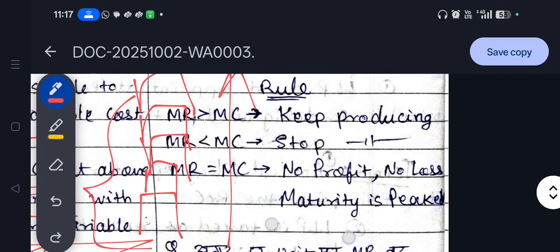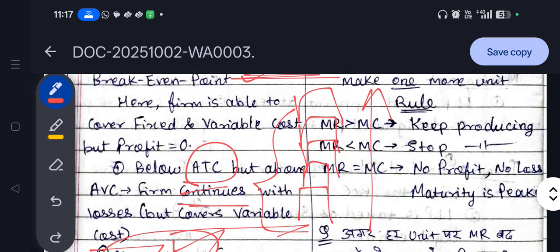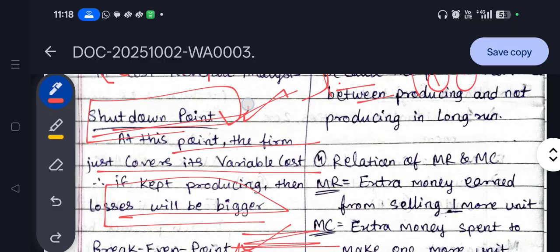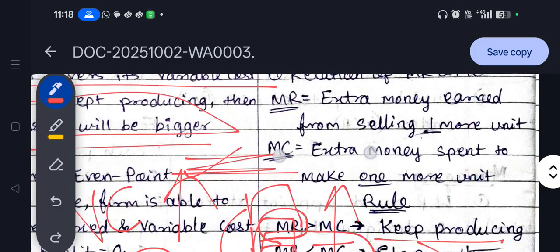So basically you have to understand these three rules. The first rule says your revenue should always be greater than cost, and if it is, you keep on producing. If your revenue is less than the cost, stop producing, otherwise your variable cost will increase, and when the variable cost increases, you have to face the problem of the shutdown point.